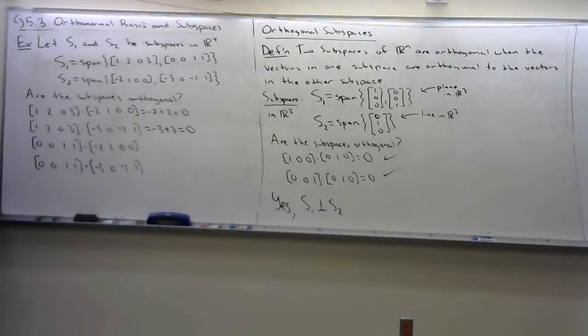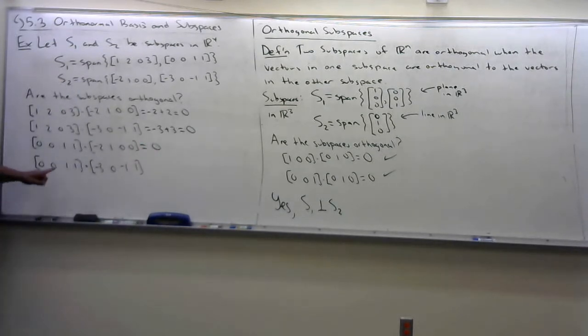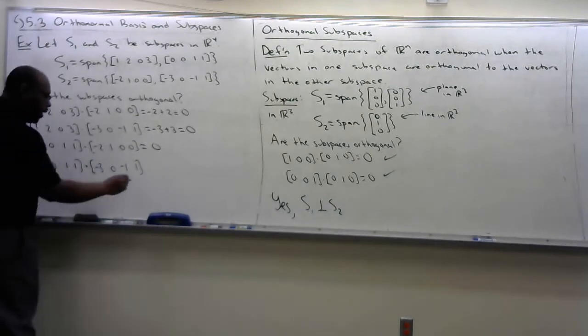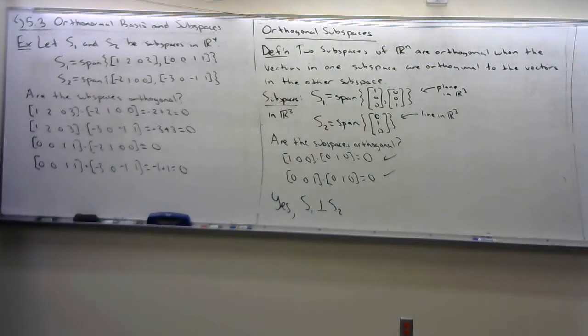This one is 0, 0, 0, 0, so that's 0. And this is 0, 0, -1 plus 1. That's 0. So the vectors in S1 are orthogonal to the vectors of S2. So we can say that, yes, S1 is orthogonal to S2.